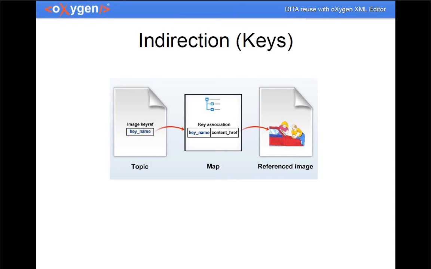So a key is an indirect addressing mechanism that allows authors to create references to things without having to know where or what those things are and where they will be in the future.